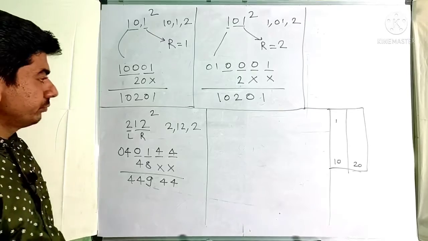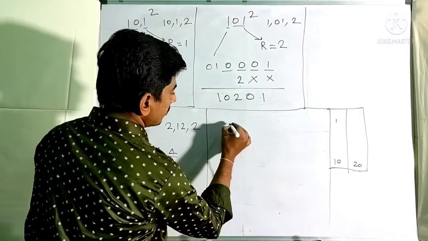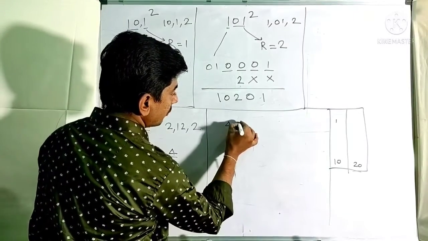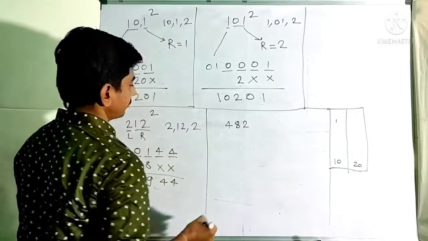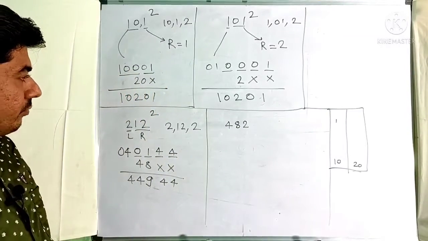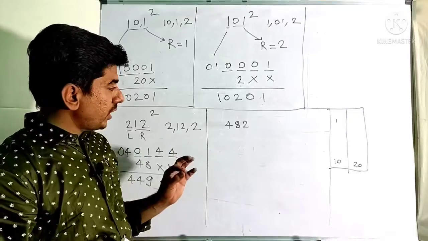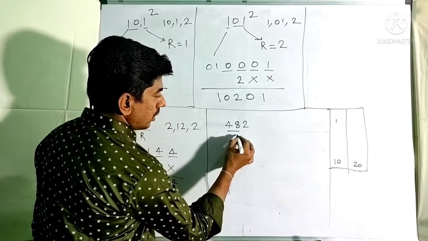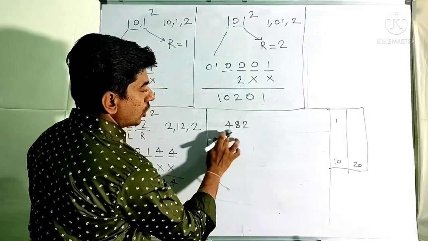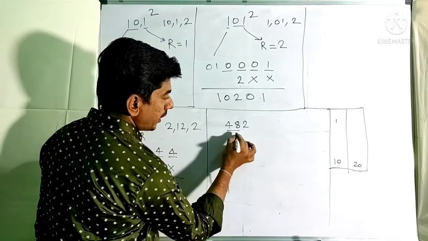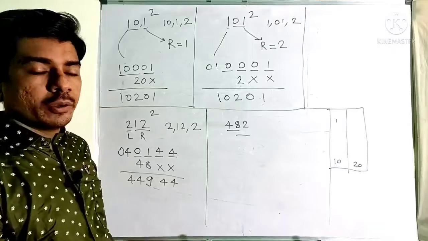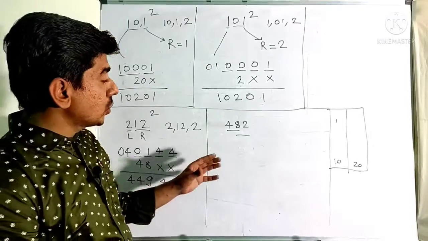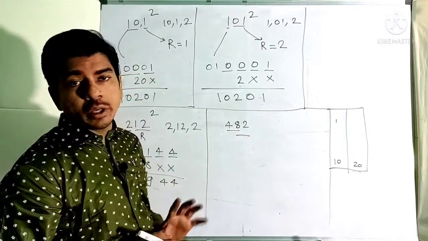Let's take another example. 482. Here friends, you may take 48 and 2, or you may take 4 and 82. In either of the methods you have to calculate the square of the bigger number.